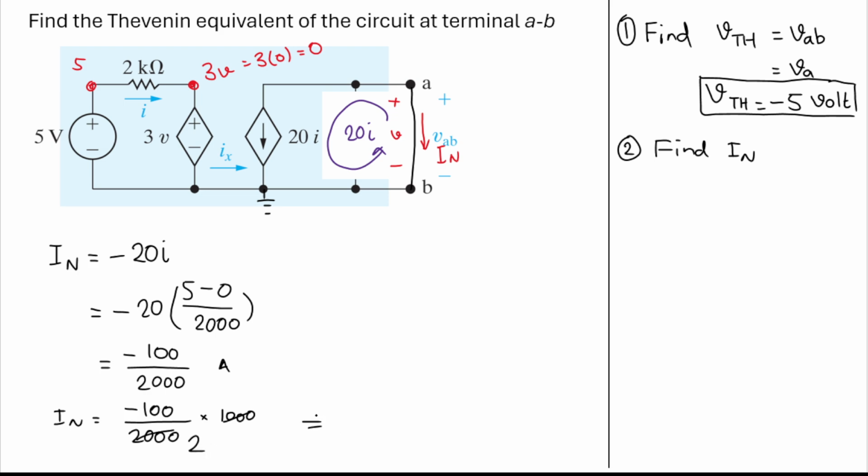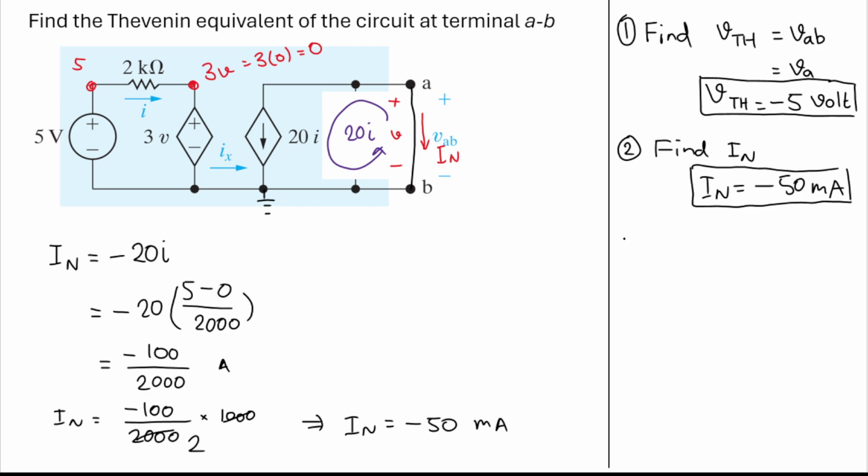So we will have our Norton current is equal to minus 50, and the unit here is milliampere. So we have the second most important value, which is IN, and that is minus 50 milliampere. Good.